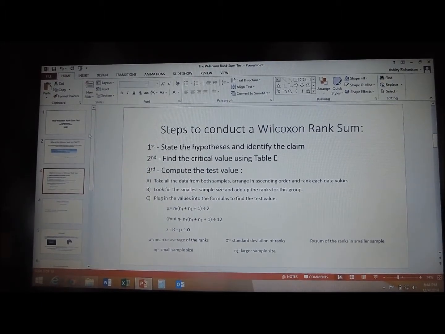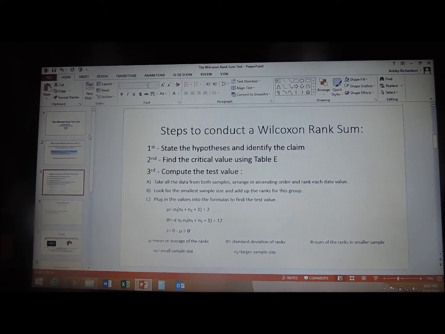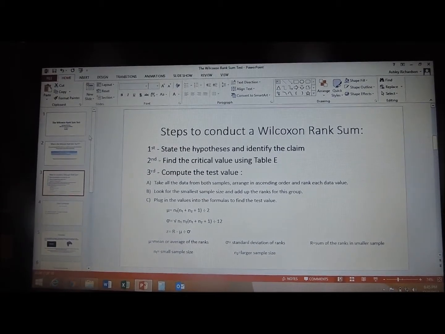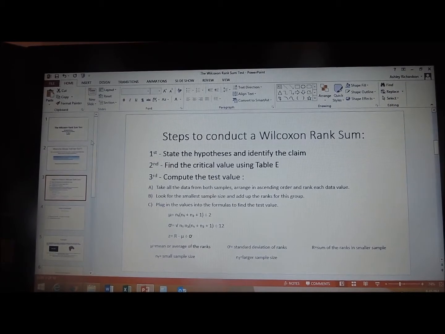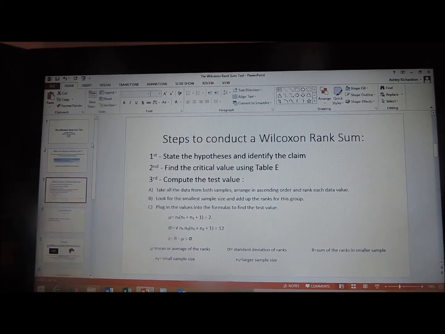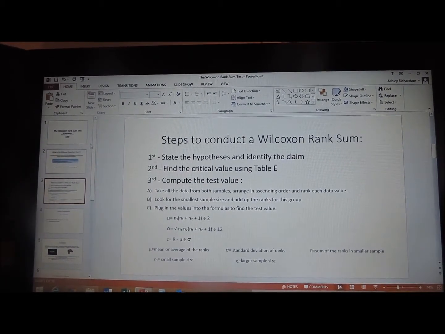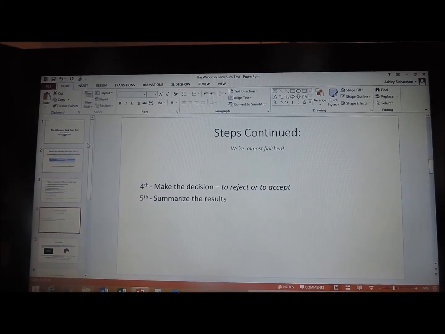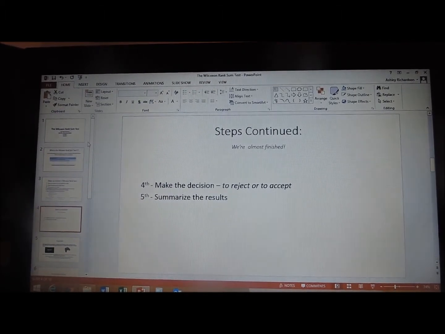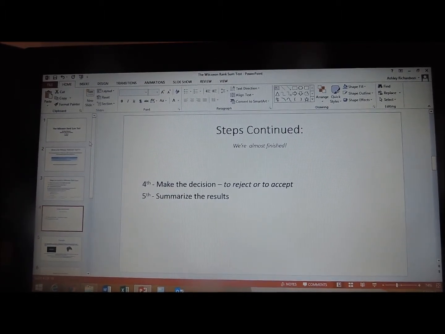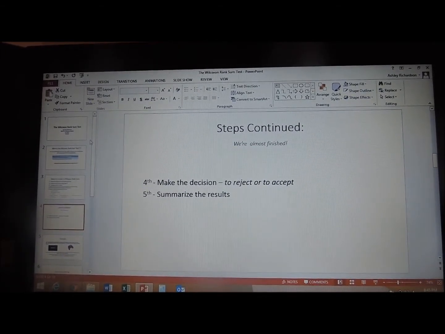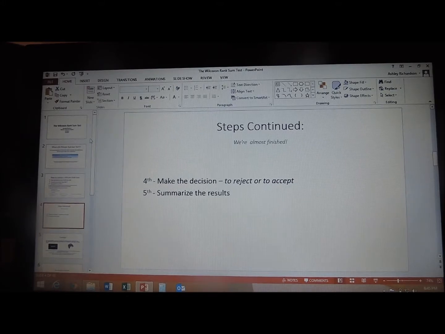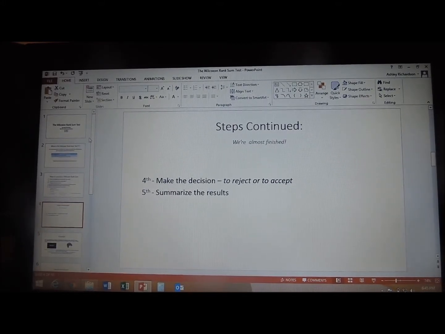Look for the smallest sample size and add up the ranks for this group. Lastly, we will plug in the values into the formulas to find the test value. These are our formulas that we will use. Our fourth step is to make the decision to reject or to accept our null hypothesis. And the fifth step, summarize our results.